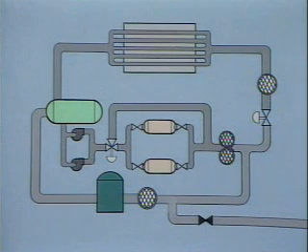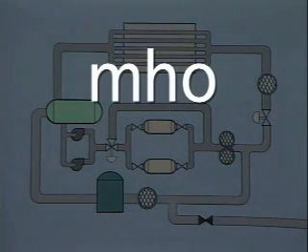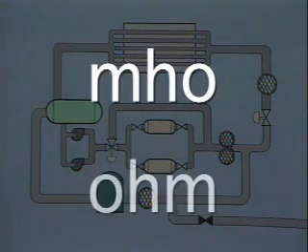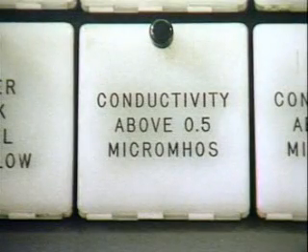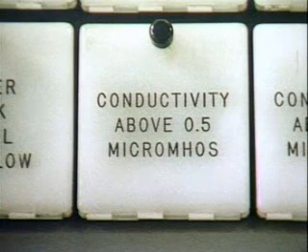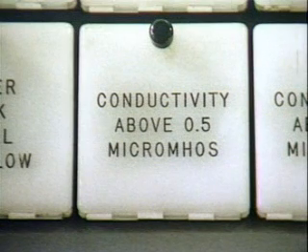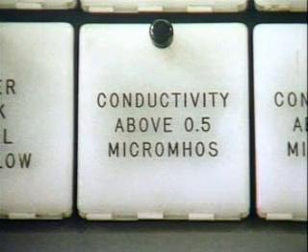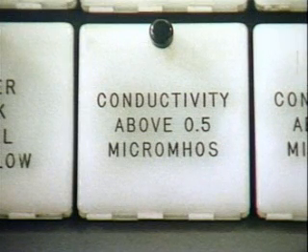The water in a stator cooling system is tested for electrical conductivity, which is measured in terms of mhos. A mho is the opposite of an ohm, which is a measure of resistance to current flow. If the conductivity of the water is higher than 0.5 micromhos, or 0.5 millionths of a mho, it means that enough minerals have accumulated to allow current to flow through the water.